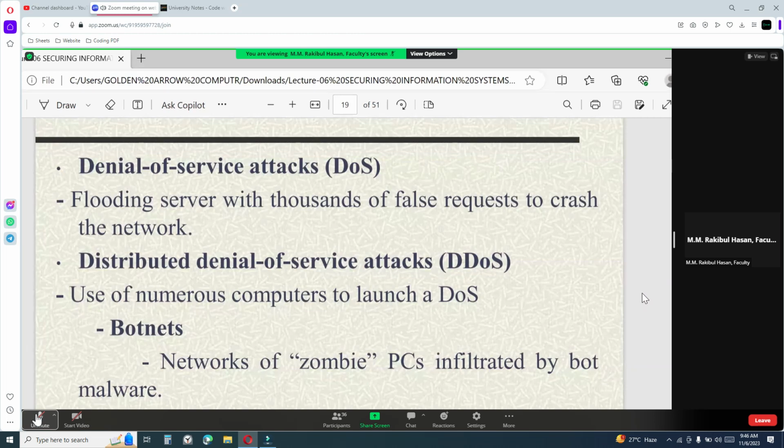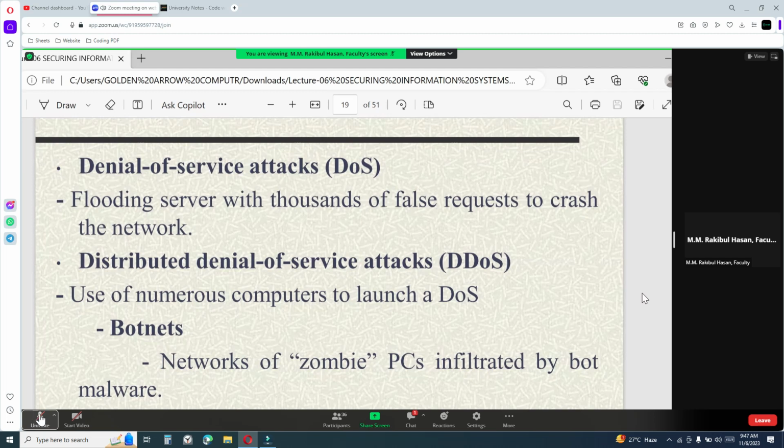So hackers perform the DDoS attack and blackmail the organization: if you don't give this amount of money, we will not stop the attack. Until they stop the attack, the server authority will not be able to make the server live again. That is the problem.